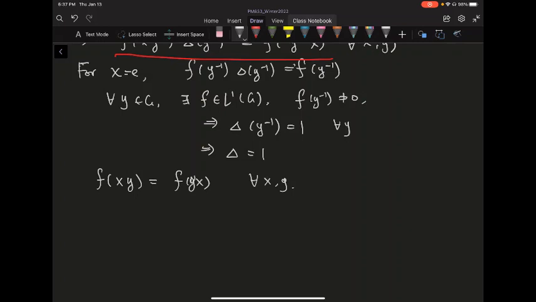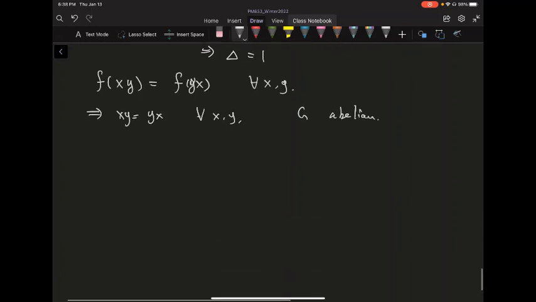Because xy and yx cannot be differentiated by any function, that implies xy has to be equal to yx for all x and y, so your G is abelian. Okay, so let's finish the proof. We basically showed that L1 of G under convolution is abelian if and only if your group is abelian.